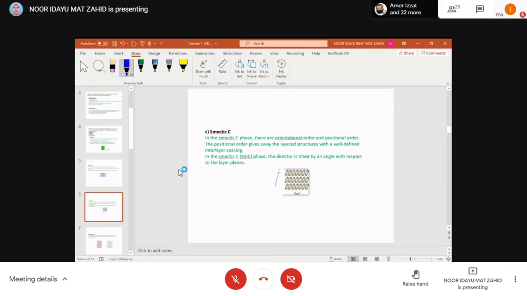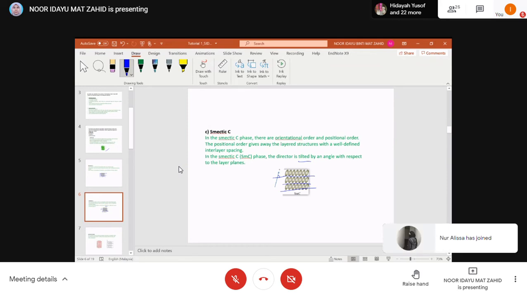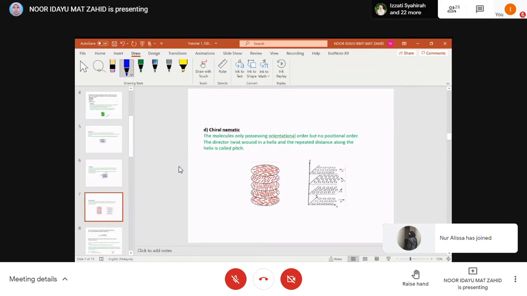Whereas in smectic C, similar to smectic A, it has both orientational and positional order. However, the director is tilted by an angle with respect to the layer plane, not 90 degrees like smectic A. So that's the difference between smectic A and smectic C.